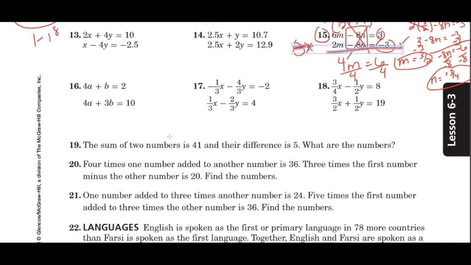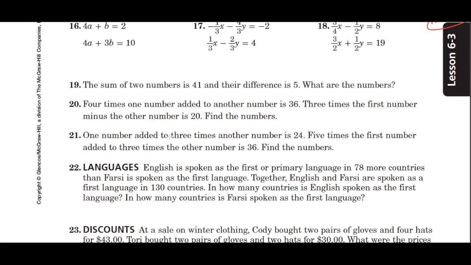Okay, let's scroll down to the bottom here and take a look at number 19, a story problem. I'd like for you to try one more story problem down here on your own. Pick one. Obviously don't pick number 19 because I'm working it out for you.